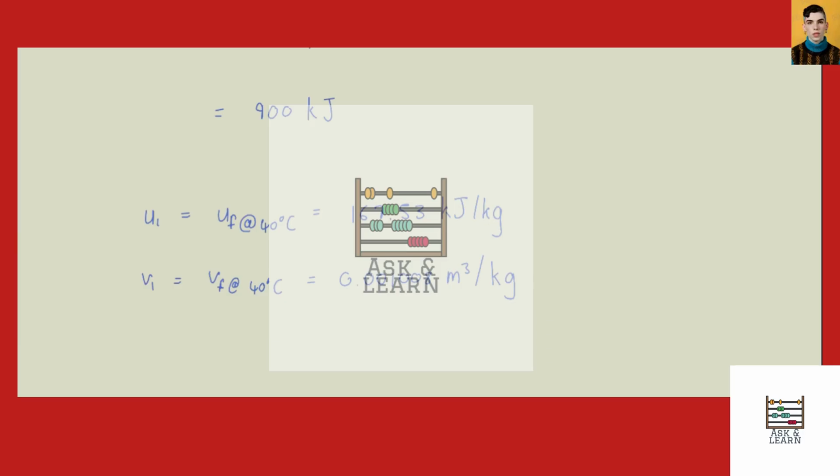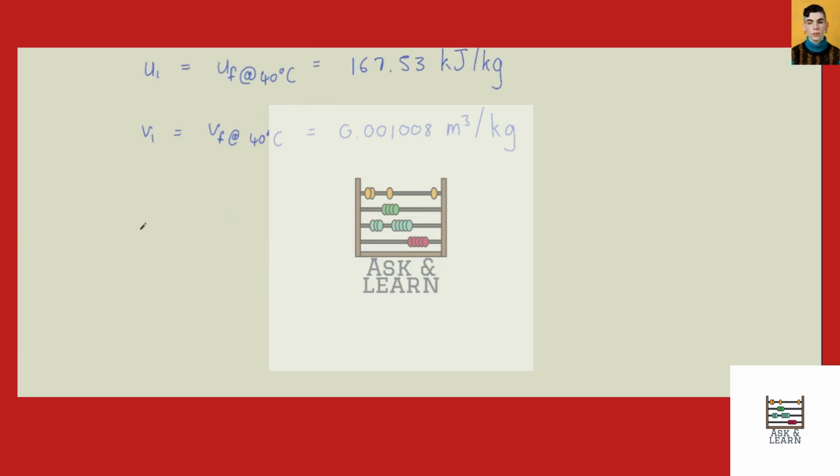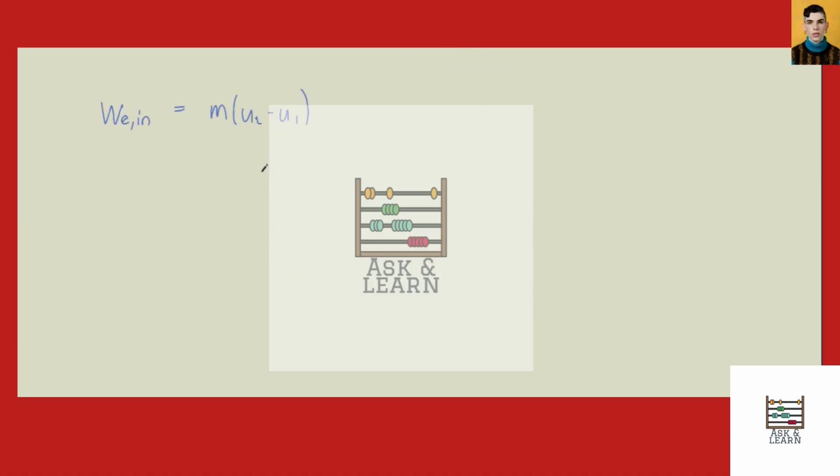Now we can go back and substitute this into our energy balance equation, and we get that the electrical work done into the system is equal to, remember, m times (u2 minus u1). So if we rearrange this equation, we can find the internal energy at the final state, u2. This is u1 plus the electrical work done into the system over m.